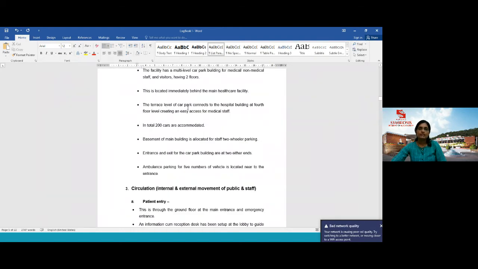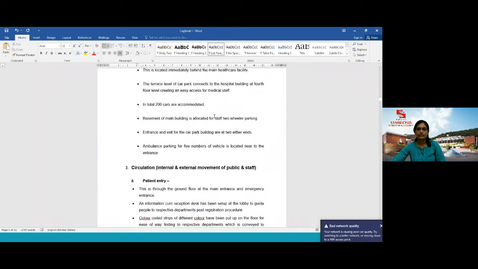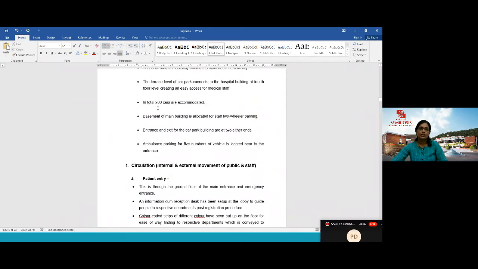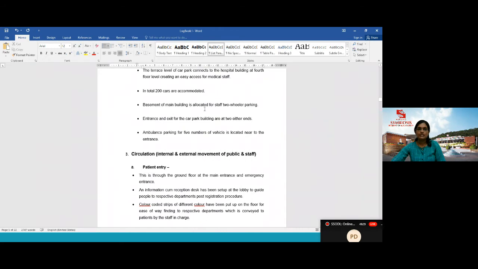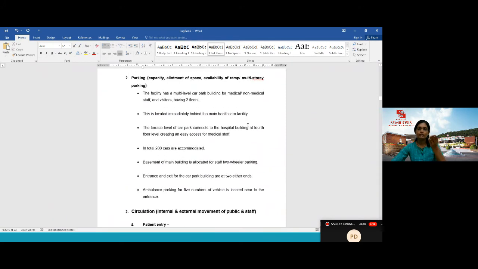The main terrace level car park connects with the hospital building at the 4th level, creating easy access for medical staff. In total 200 cars can be accommodated. The basement of the main building is allocated for staff 2-wheeler parking. So whatever plan the hospital has related to parking, you will note it down here.